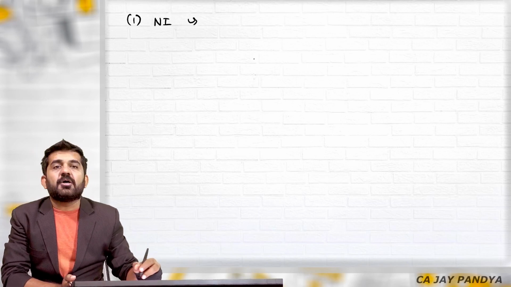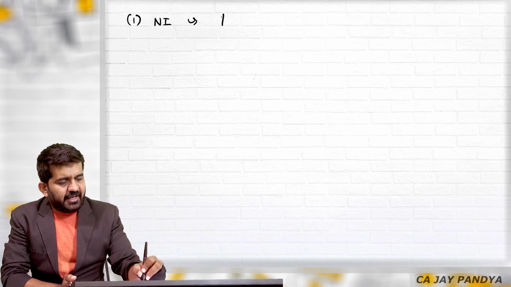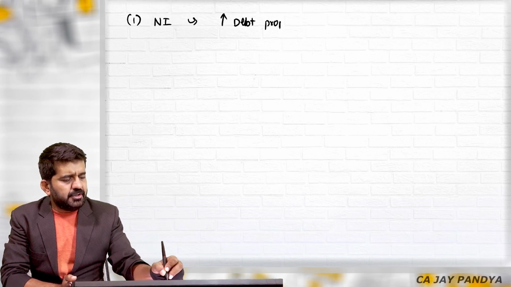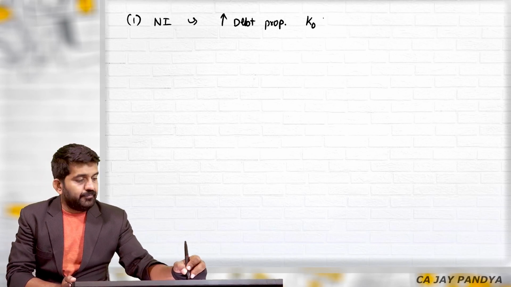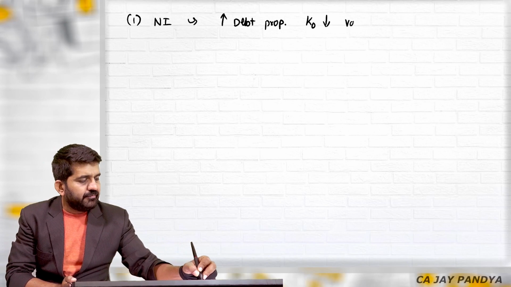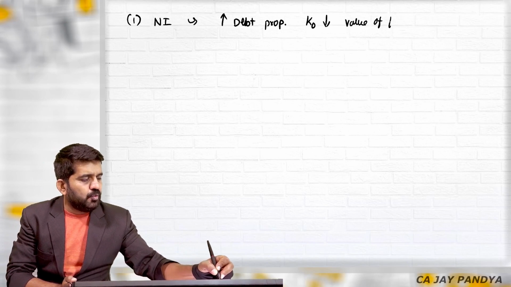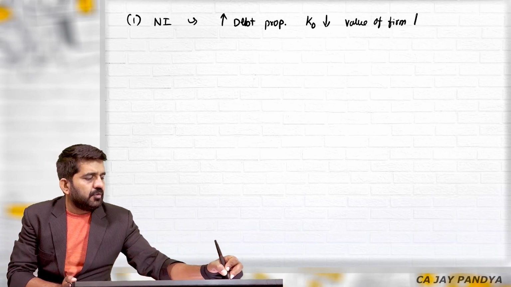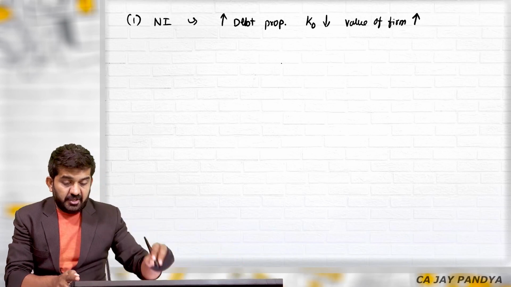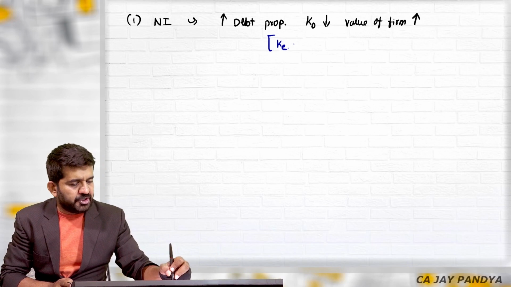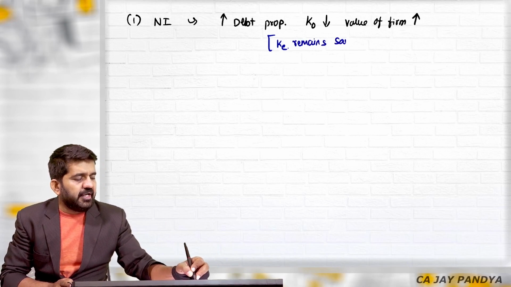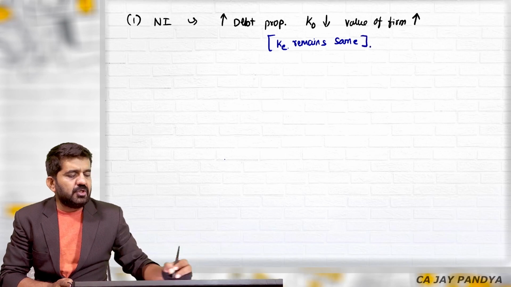What does the net income approach say? It says that if you increase the debt proportion in your capital structure, your KO will decrease, and so the value of the firm will increase. It assumed that even if you increase the debt proportion, KE remains the same in levered as well as unlevered firm.